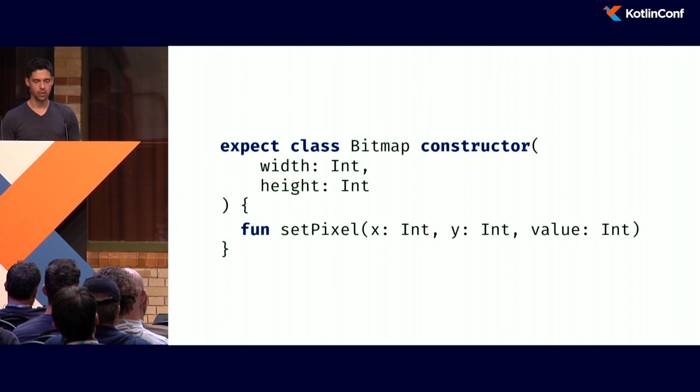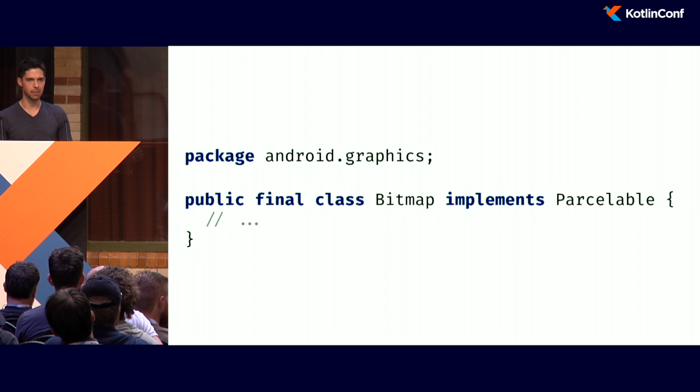I had a bitmap class where I expected a constructor for specifying the width and height, and just one method, setPixel, for the coordinates and the color. This was pretty much mapped exactly after the Android graphics bitmap class, which you may be familiar with. So that's how I went about implementing this.